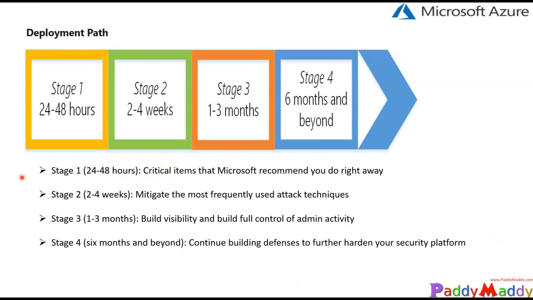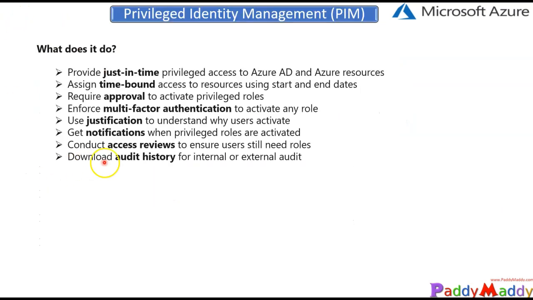Just to conclude what we have learned so far, with Privileged Identity Management you can enable just-in-time access, so that when we need it, we can grant that specific permission instead of assigning the roles permanently. Instead, we can assign just in time, and that will include a time bound, and you can go for approval and multi-factor authentication.